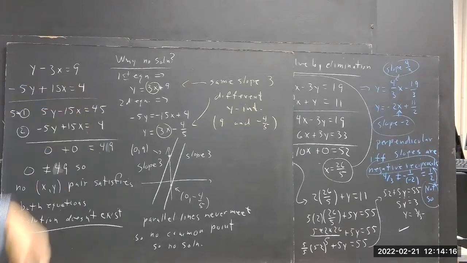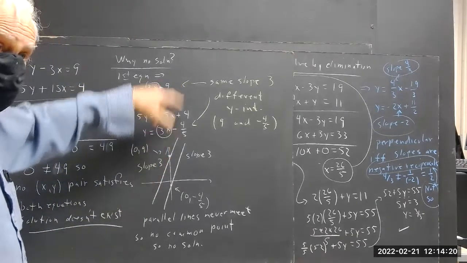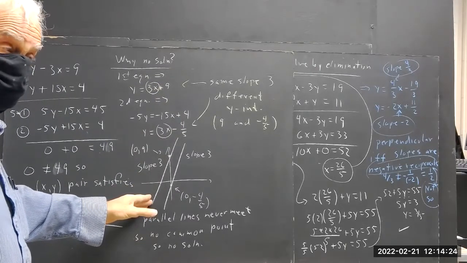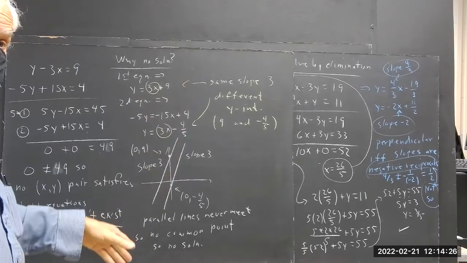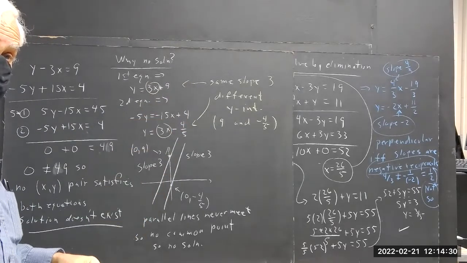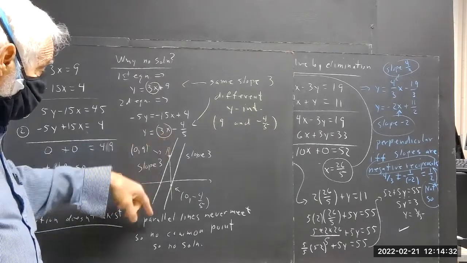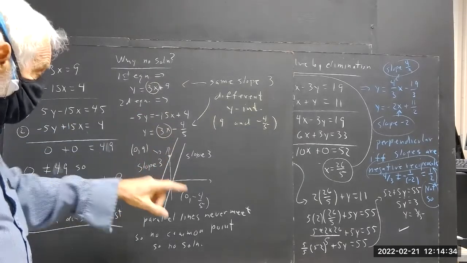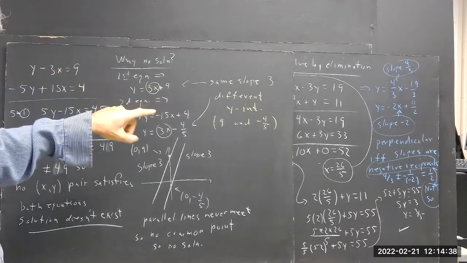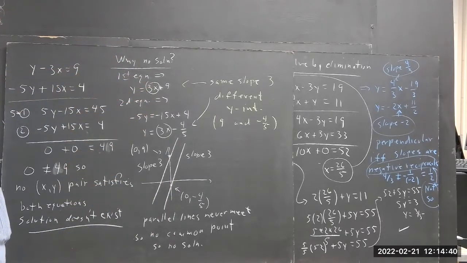Yeah, this would be -45. I get the same y-intercept, and both lines would be the same as this one. Then there would be infinitely many solutions because every point would be a solution. The coordinates of every point would give me a number for x and a number for y that satisfy both equations.